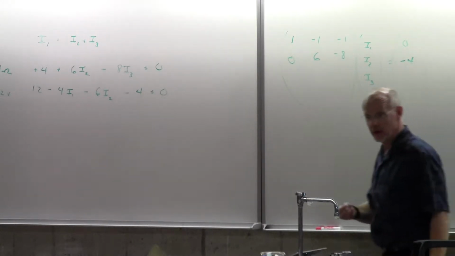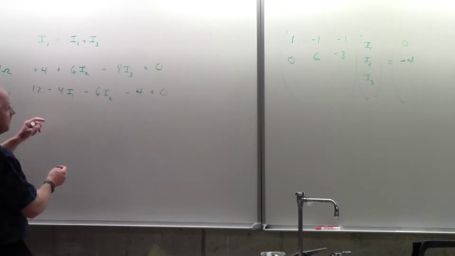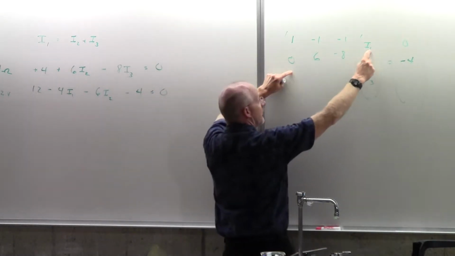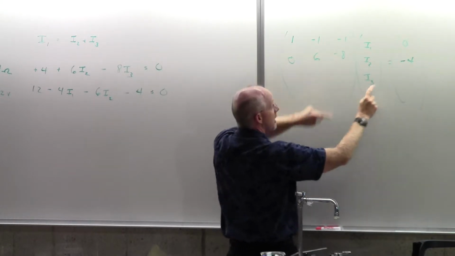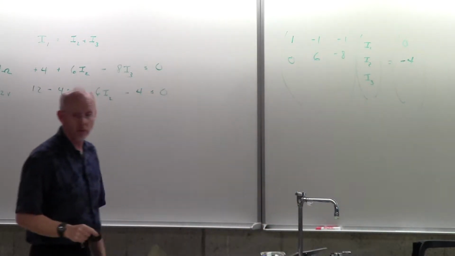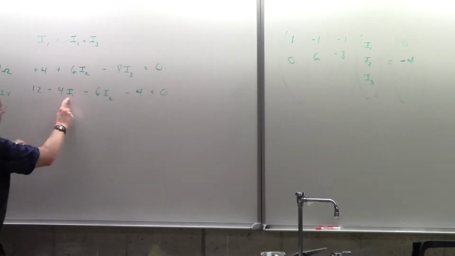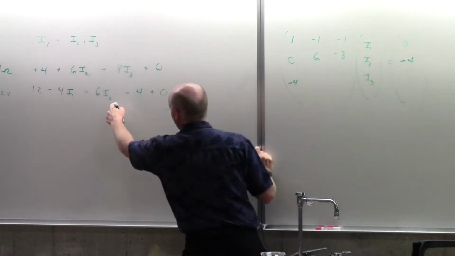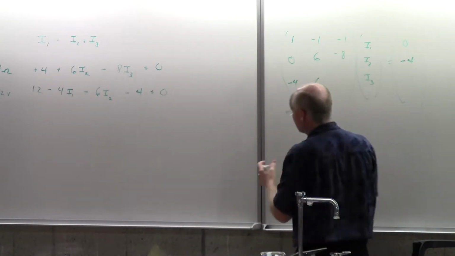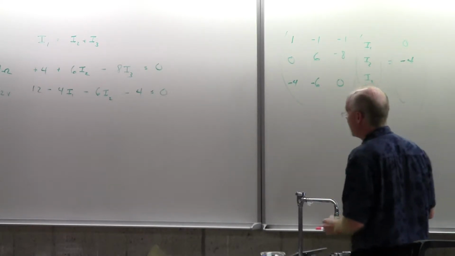So there is my second equation written in matrix form: 0 I1, 6 I2, minus 8 I3 equals negative 4. And then finally this last equation has a negative 4 I1, a negative 6 I2, and a 0 I3, it's not even in there.